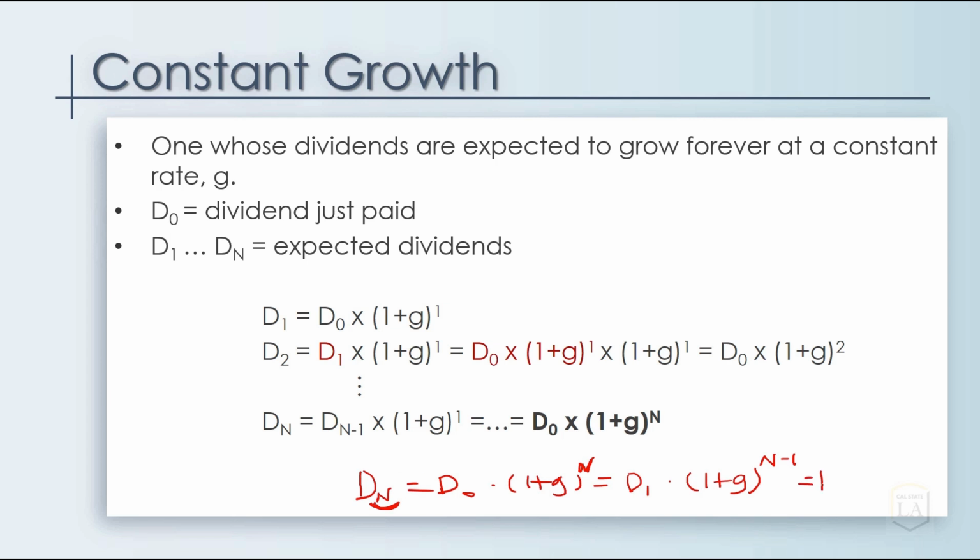Or if you start from dividend n minus 1, the remaining time period until n is just 1, so you have 1 as your power, and you still arrive at time period n. So you can use some variation here with the assumption that your constant rate is g. This is just a supplementary piece of information, but it will be very useful as you go along.